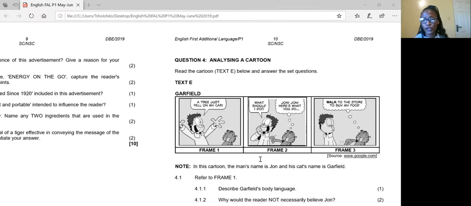Sometimes a joke can depend on a double meaning. What do you mean by double meaning? It means one word that is interpreted differently. Quickly, I'm just going to give an example. There was this other cartoon where a boy said, I cannot wait, my parents want to give me further education. The one character thought of further education as education after Grade 12, where you go to tertiary.